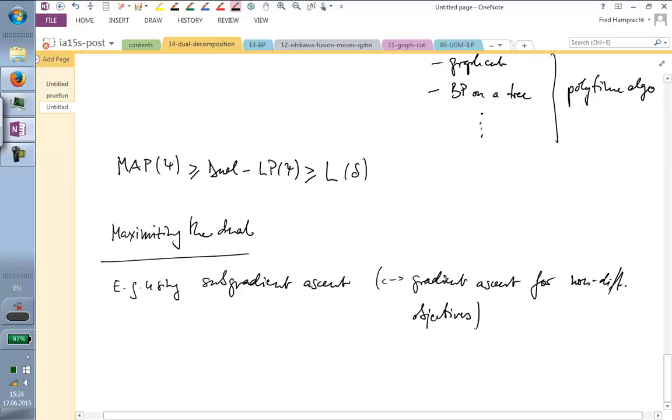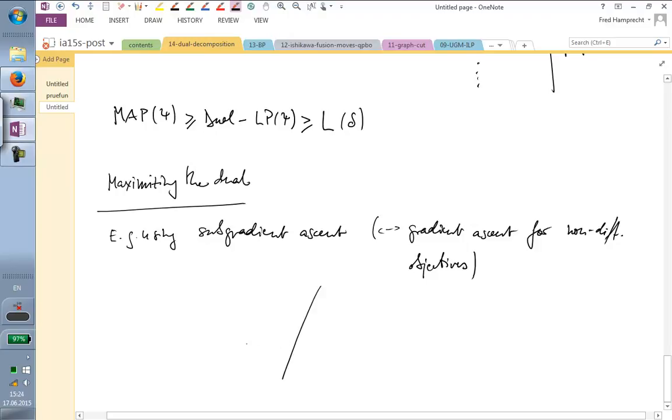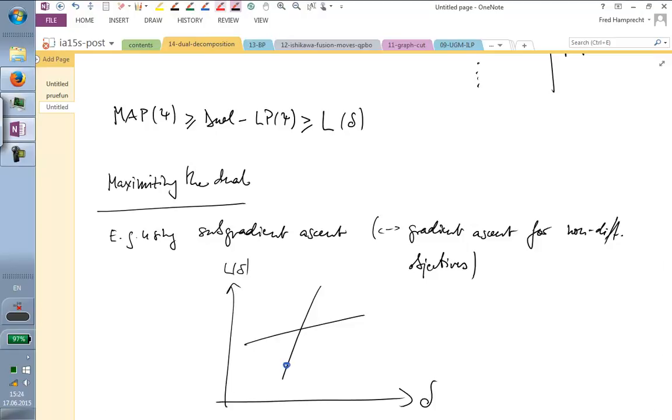Because you saw that we have these kinks in this function L that we want to optimize. Let's say we are at this point, and this is again delta space here, and this is L of delta. The lower envelope over which we want to optimize is the thick black line.